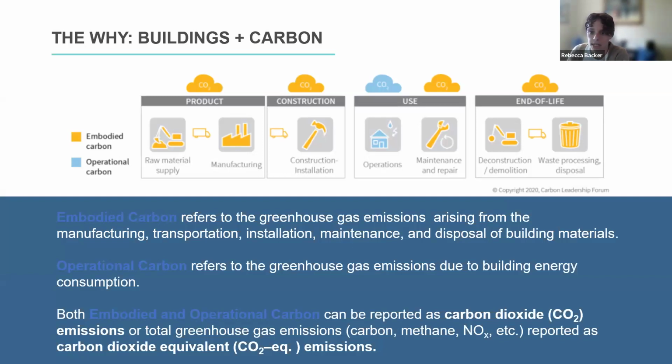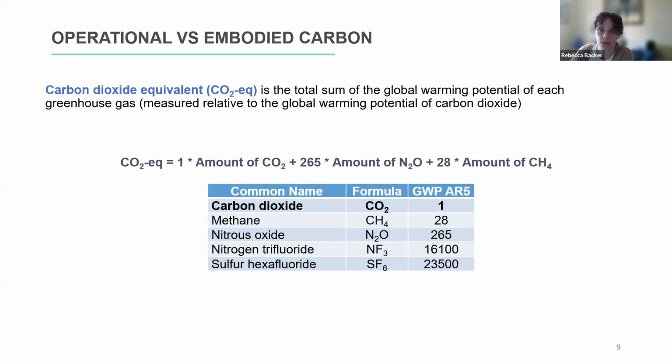Both embodied carbon and operational carbon can be measured and reported either as straight carbon dioxide emissions, so just CO2, or as carbon dioxide equivalent emissions. The carbon dioxide equivalent emissions is a key term to be aware of when you are talking about and comparing the operational or embodied carbon of building and building products.